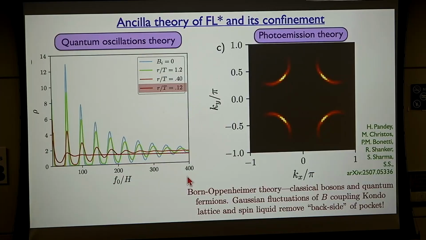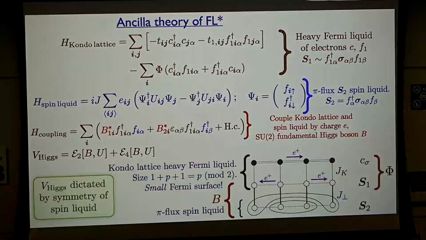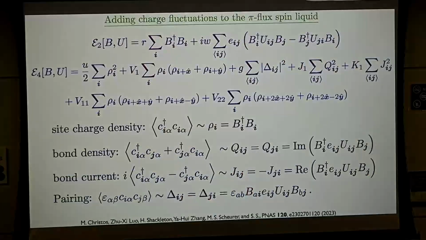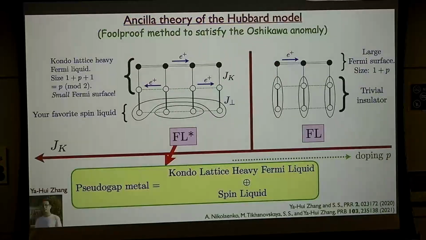This is the one thing you want to remember from this lecture, this slogan here. The pseudogap is a Kondo lattice heavy fermionic and a spin liquid. And when you couple them together and do some theory of the coupling, things work out.